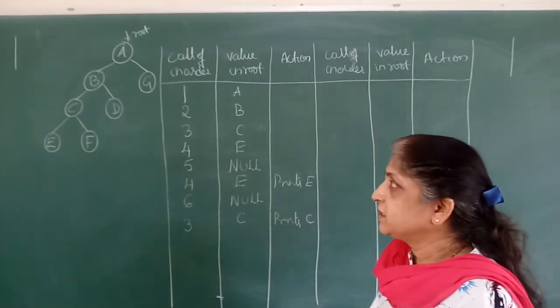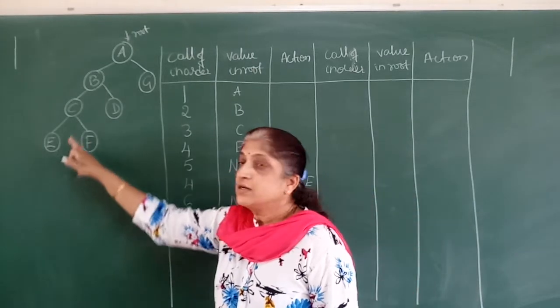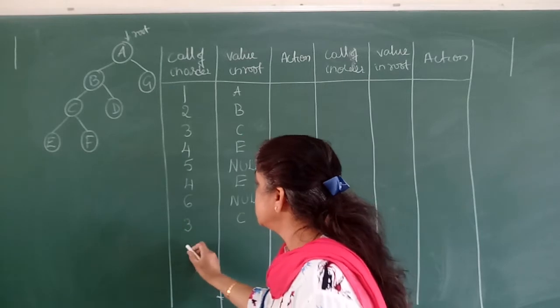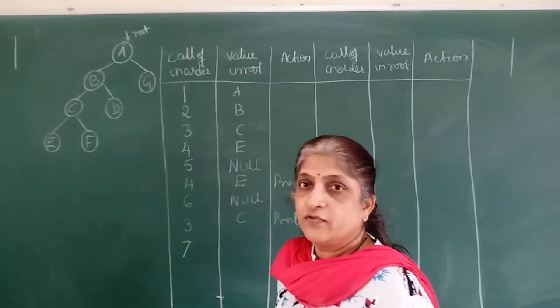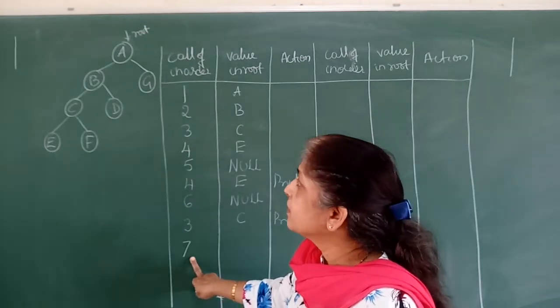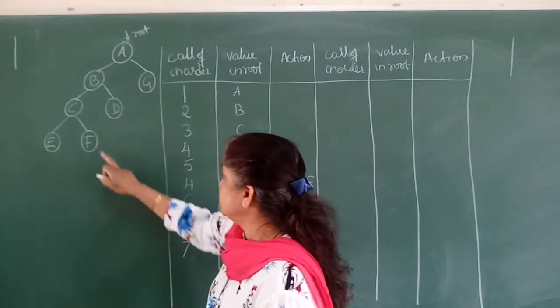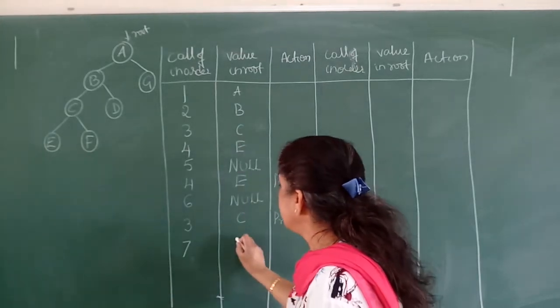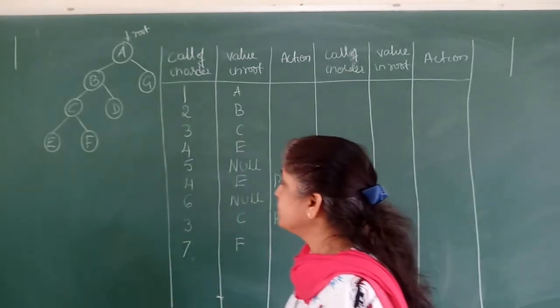Then it calls the right subtree. This is the seventh call to the function, and the root has the value f.